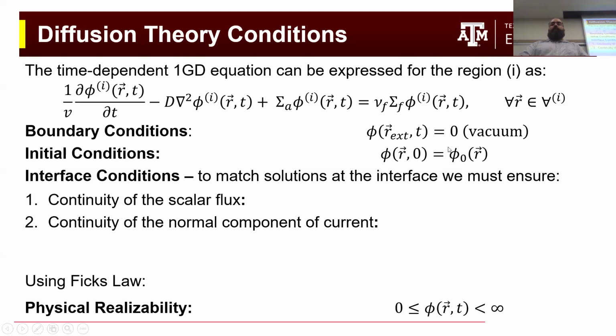I would still have a boundary condition, like I'm still going to use a vacuum boundary condition at the outside of my geometry. If this is a time-dependent problem, I would need my initial conditions too. And then my interface conditions are what I have to match at the interface. And for my flux solutions to make sense, I need there to be continuity of the scalar flux.